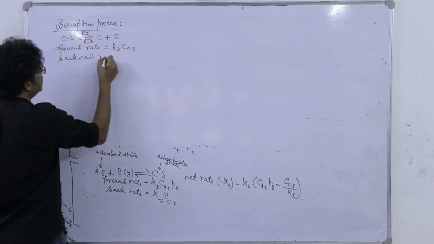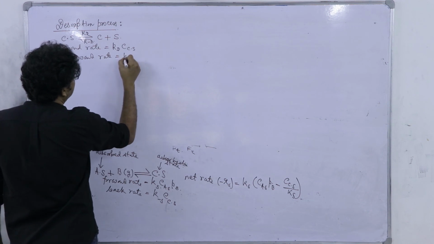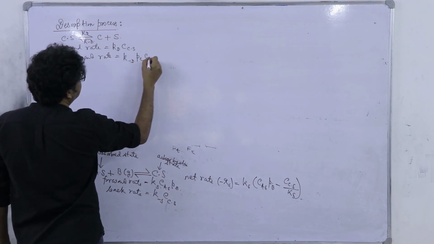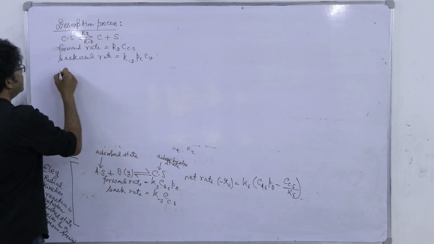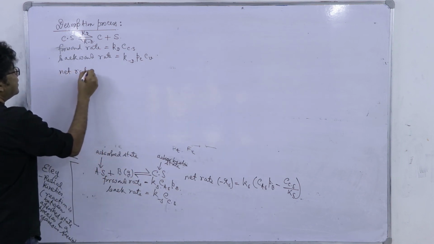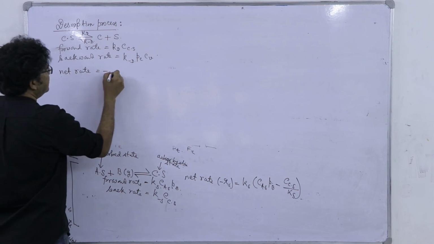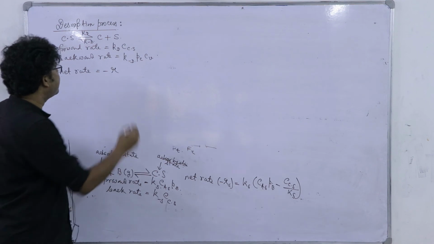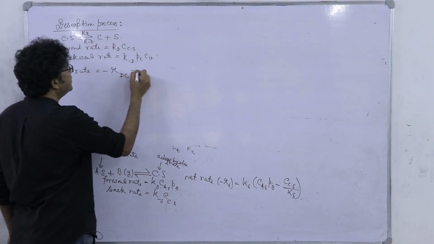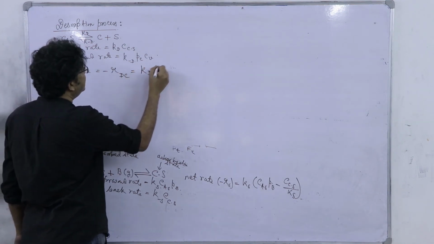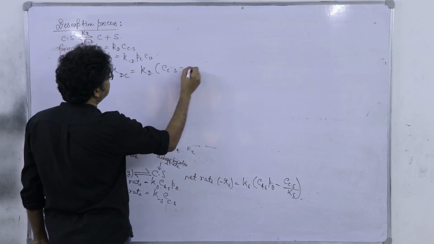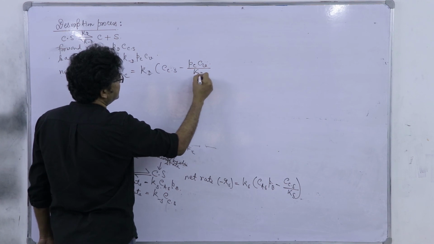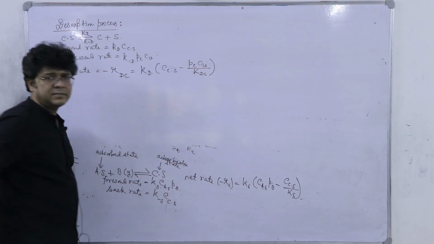backward rate is K of minus d into Pc into Cv. So, net rate, minus R, what I have used, dC, desorption, is equal to Kd C·S minus Pc Cv divided by Kdc.